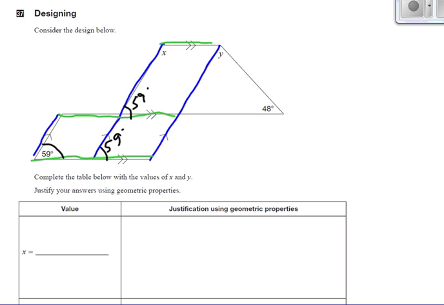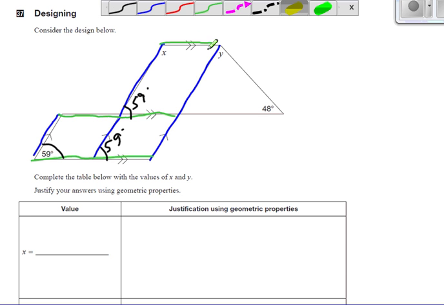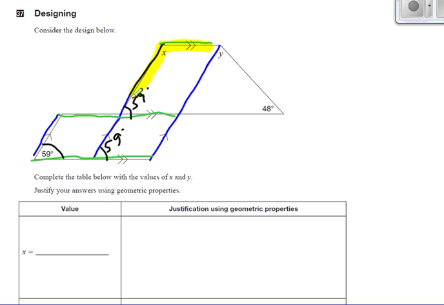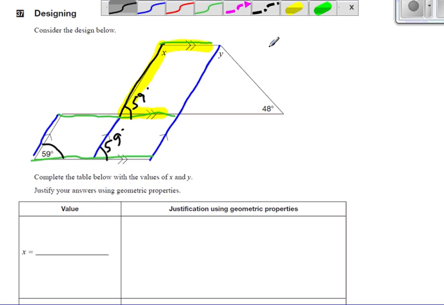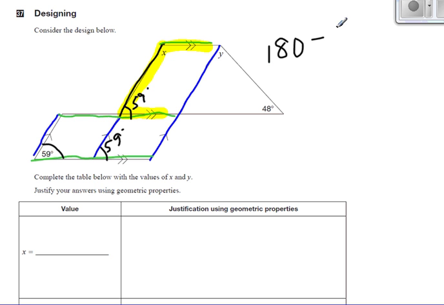And then if we look like this, you can see that there's a C pattern. And in a C pattern, angles add to 180. So 180 minus 59 is equal to 121 degrees.